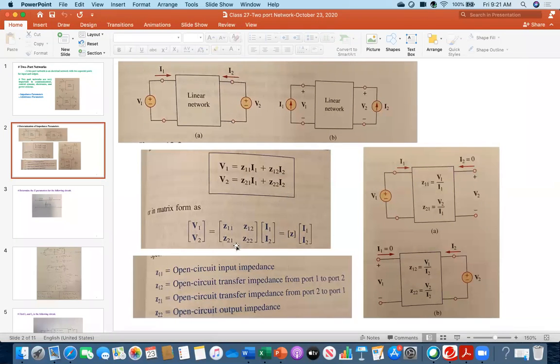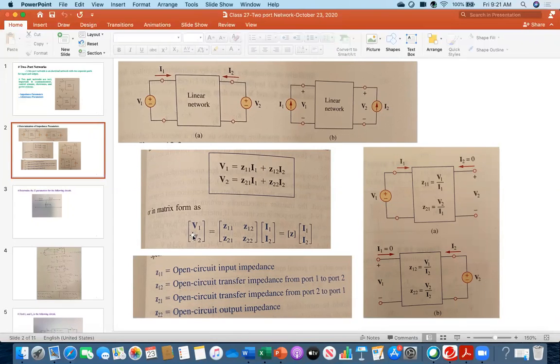This is the open circuit output impedance, the impedance at the output port, Z22 multiplied by its current. And this port is related to the first port through Z21. Therefore Z21 is the open circuit transfer impedance from port 2 to port 1, multiplied by I1. So these two are the generalized equations that represent this two-port network.